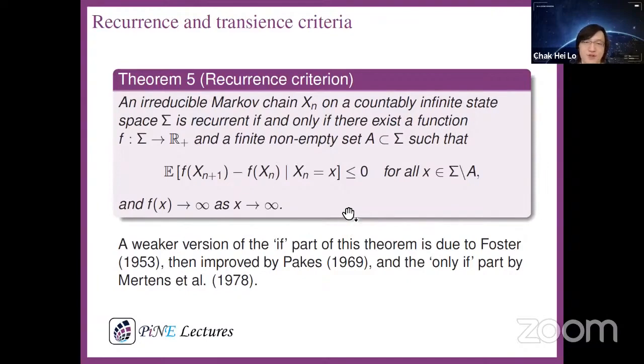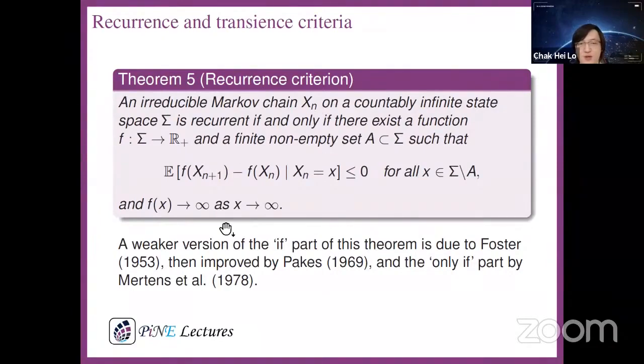Okay, so in some sense, most of the time we will use the if part here, although the question is stated in the only if part. So what we try to do is we will try to find a function f that satisfies this condition to show that the process that we are interested in is recurrent. So this is the side that most of the time we will use.